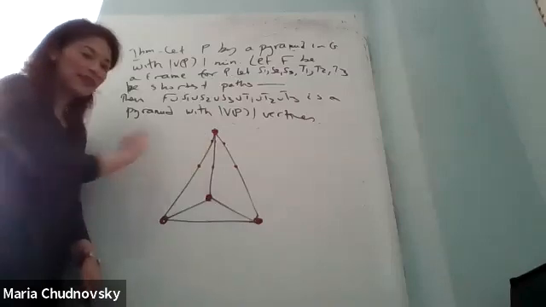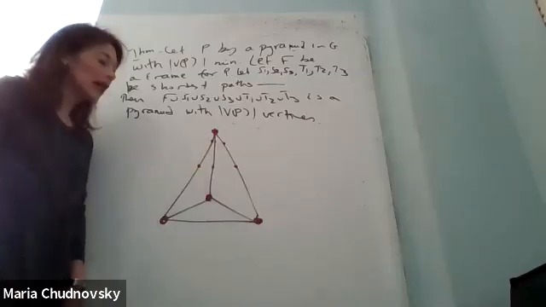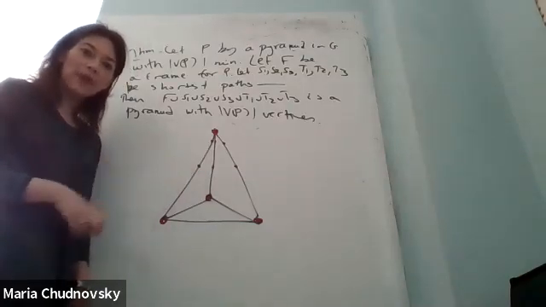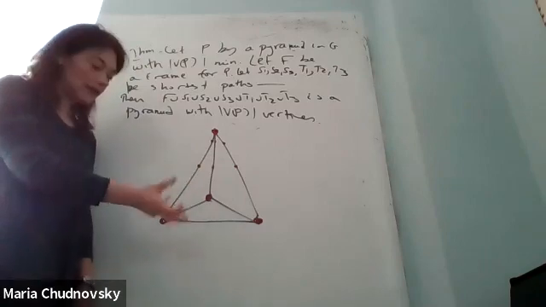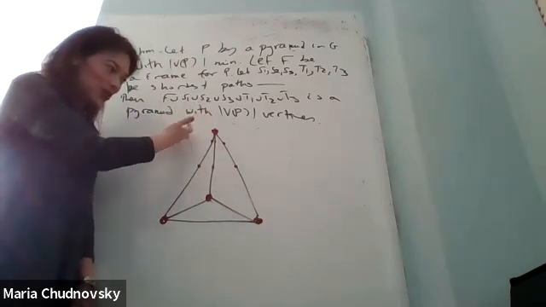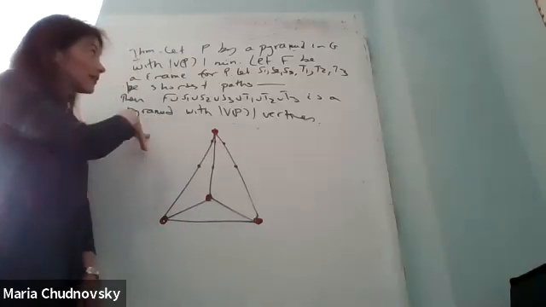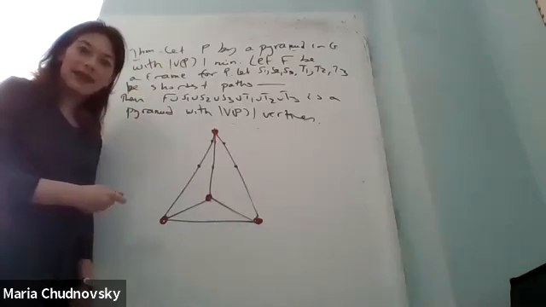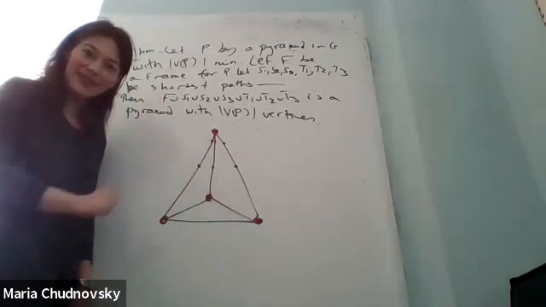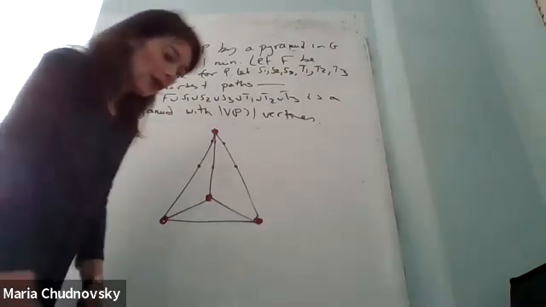Right, so there are 6 paths about which I need to prove it. So I'm going to prove it one path at a time. I'll prove that if I replace one of the 6 paths by a shortest path in the graph, I would be back in the situation described in the assumptions of the theorem. I'll get another pyramid of size V of P, and then I'll replace another path, and I'll say, well, I'm still in the same situation. And so then it's enough to just do it one path at a time.